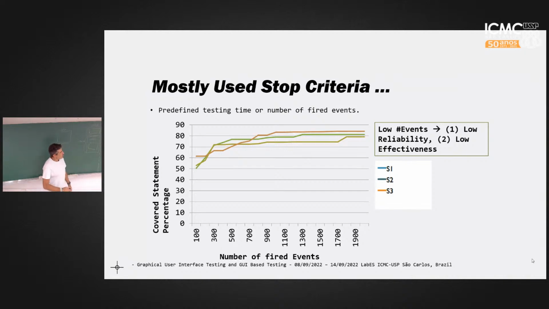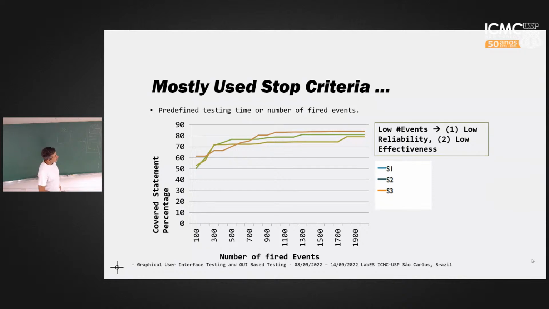Okay. So let's consider this graph. We have the number of fired events. As an example, one of the termination criteria is related to defining at the beginning the maximum number of events. Okay, imagine that I want to fire 2,000 events.